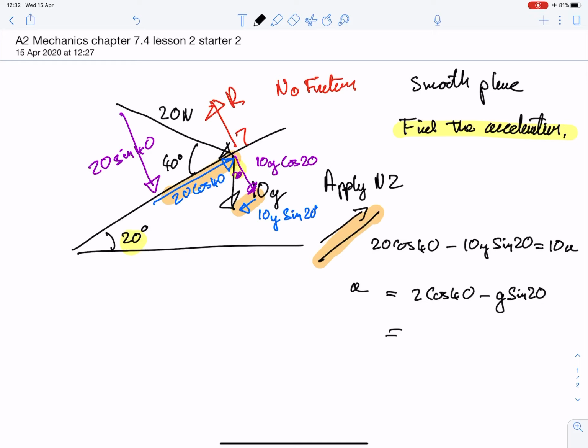Type it in the calculator. 2 cos 40 minus 9.8, or g, sin 20 equals negative 1.8.